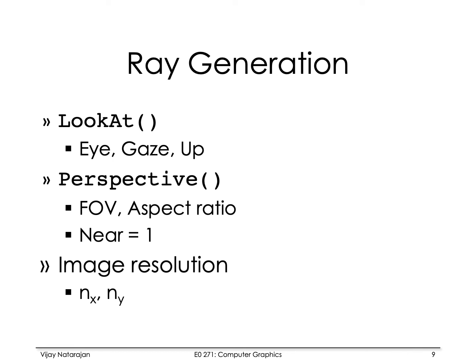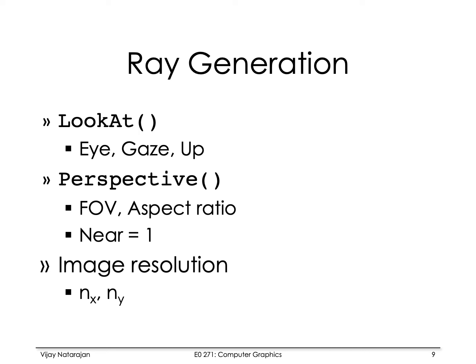How do we generate each ray? Well, we need the camera properties and the image properties. The camera properties are specified by the lookat function, which specifies the location of the camera and the direction that it is looking at.